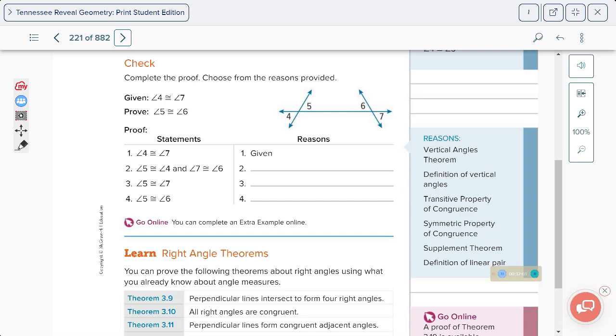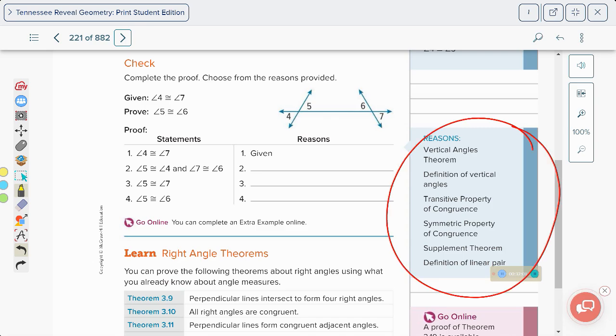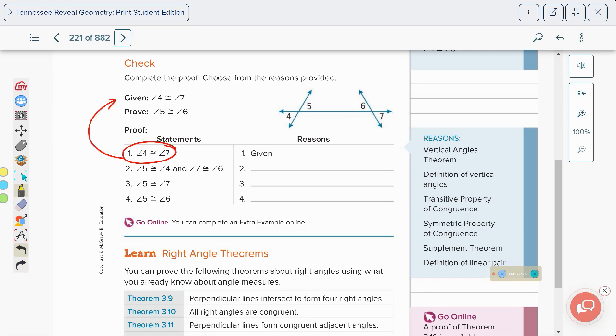All right, again, guys, if you'd like to, go ahead and try the check on your own. Remember, you're just filling in the blanks, and you are using this word bank right here to help you find justifications. So number 2, the first statement actually is already given, right? We know this is true because it is found in our given statement, and so that one is done for us.